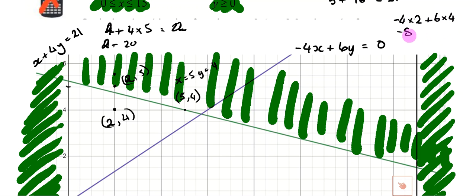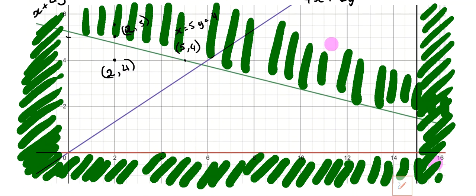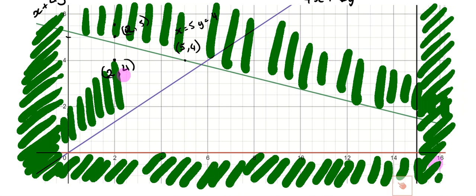Alright, so that's negative 8 plus 24, which equals 16. Is that greater than or equal to or less than 0? Greater. So that side is greater than 0, so I want less than 0.